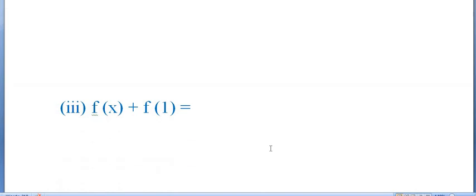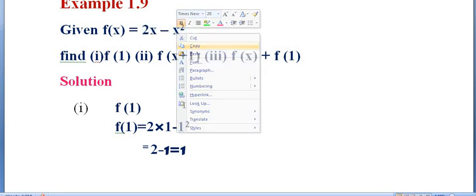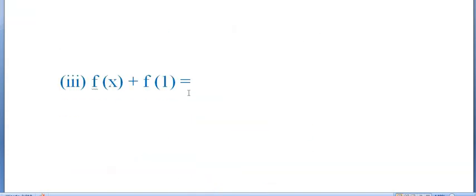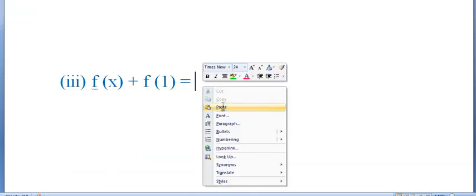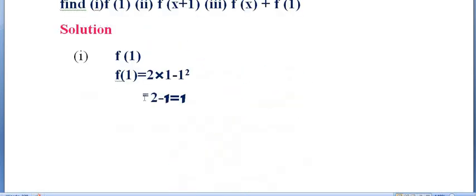Then the last part, f of x plus f of 1. Already we know what is f of x. What is f of x? 2x minus x squared. So we can write f of x equal to 2x minus x squared. Now we have already found out what f of 1 is. f of 1 is 1. So that also we know.